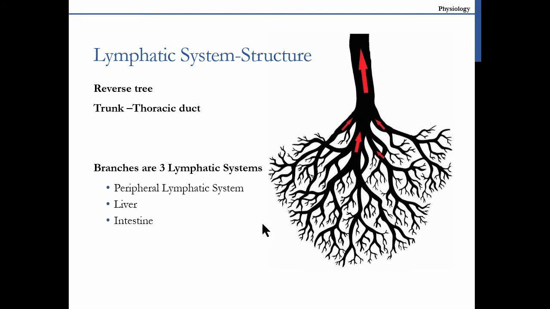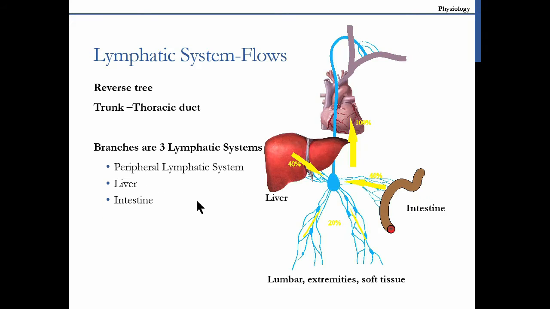We see it as a reverse tree, and I clearly define 3 different lymphatic systems: peripheral lymphatic system, liver, and intestine. The reason we feel it's 3 completely different systems is because the lymph is different.